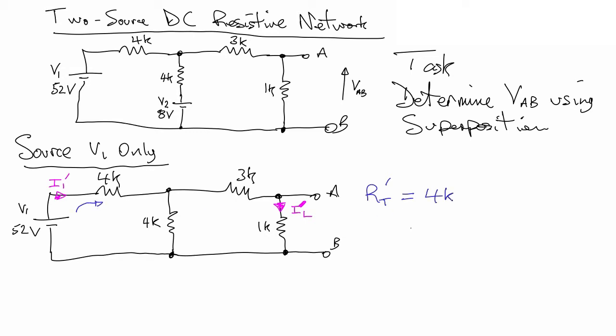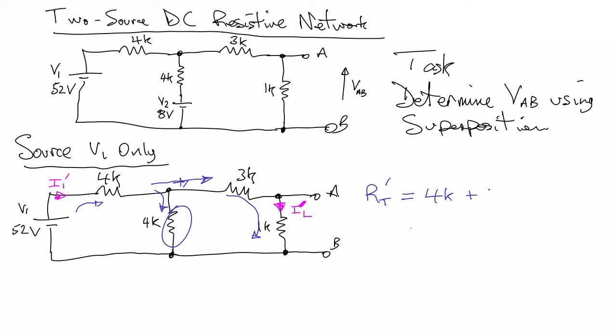Okay, so 4K comes in, plus, and then we're coming along here, you can go that way or that way. Okay, if you go to the right here, then you're going to journey through a 3K and a 1K, which is 4, and that is in parallel with this 4 here.